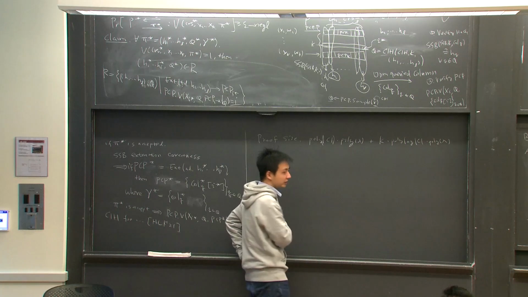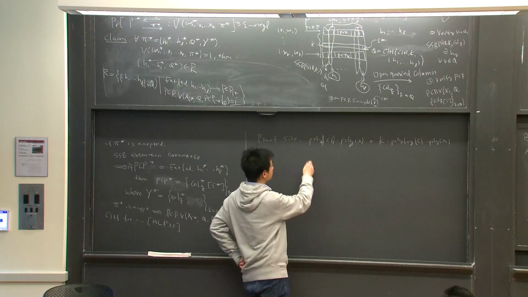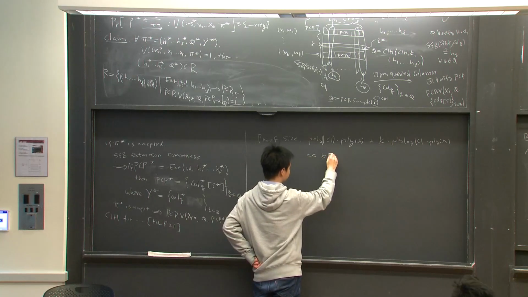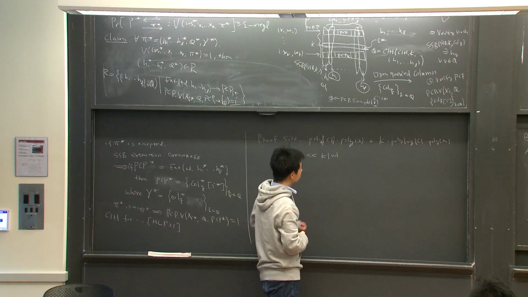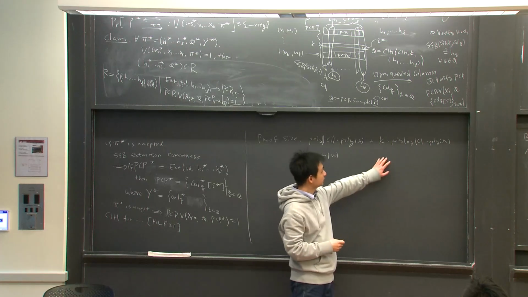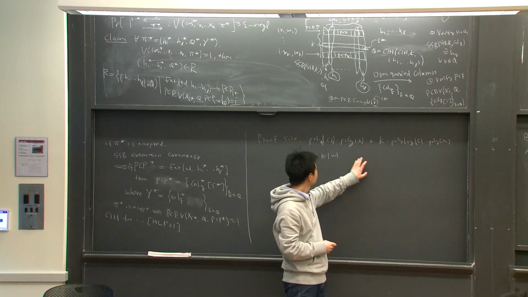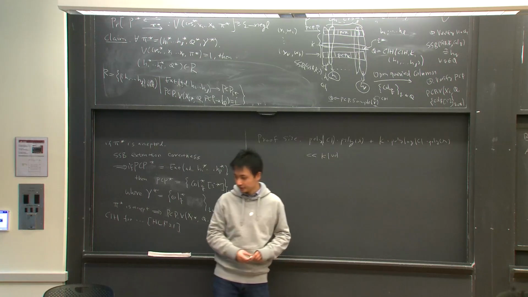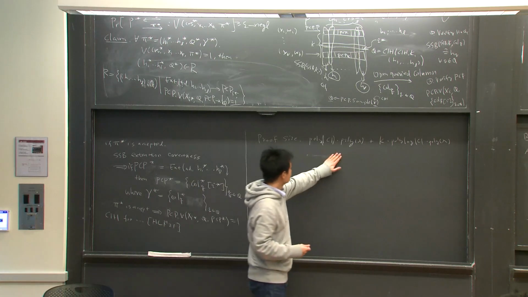This is already non-trivial because this number could be much smaller than K times W. The second term is almost order of K, and the first term is almost C. So this is already non-trivial, but it's still large.